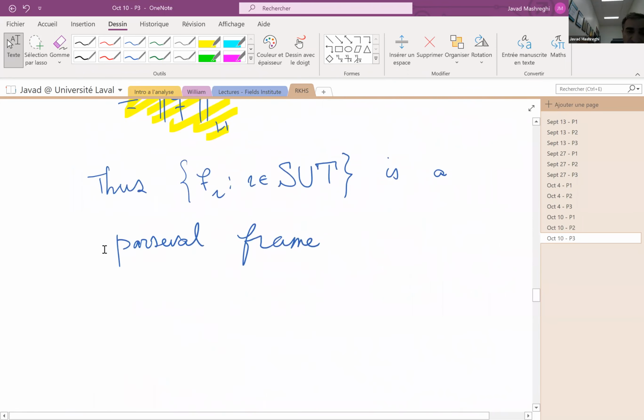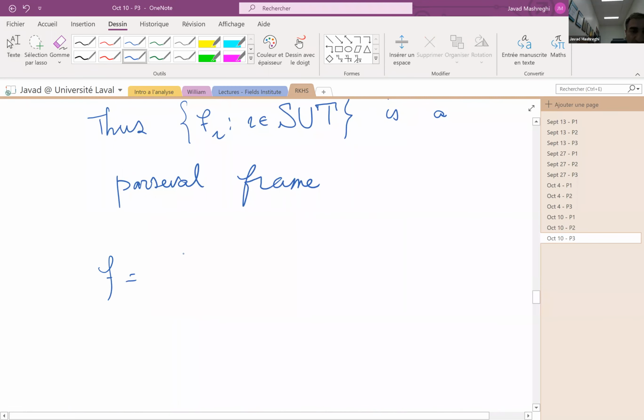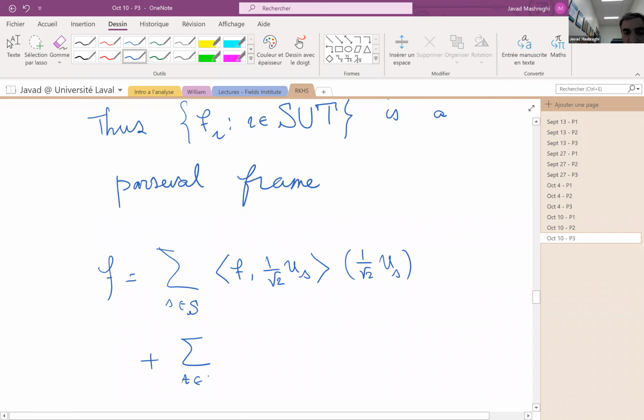But if we repeat it here, it becomes F equals the sum over S in S of the inner product of F with 1 over root 2 U_S times 1 over root 2 U_S, that's half of it, plus the sum over T in T of the inner product of F with 1 over root 2 V_T times 1 over root 2 V_T.